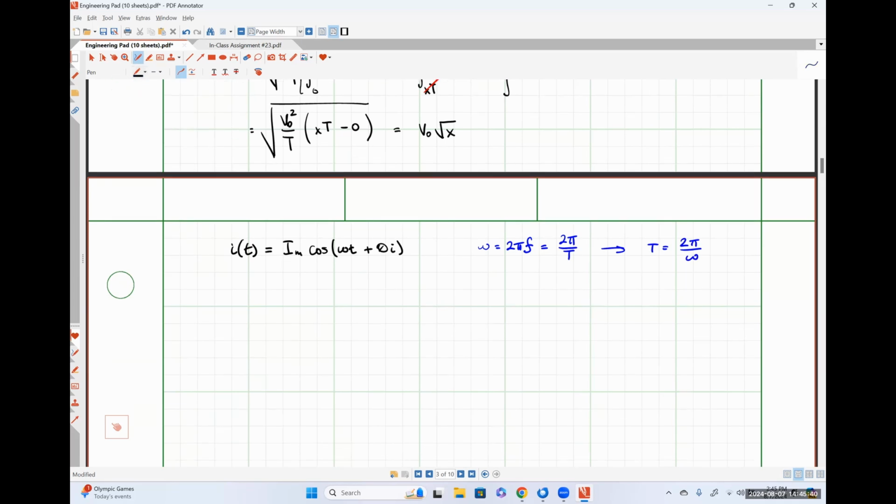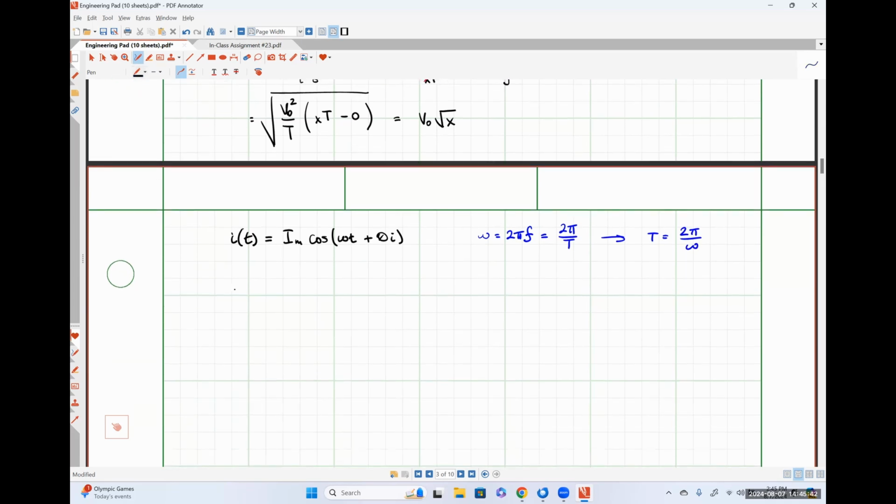So when we apply our equation for an effective value, we are going to have the square root of 1 over T. So that's going to look like omega over 2 pi times the integral from 0 to 2 pi over omega of i of t squared dt.